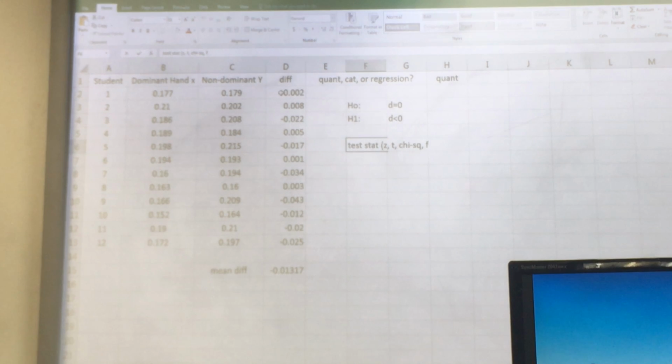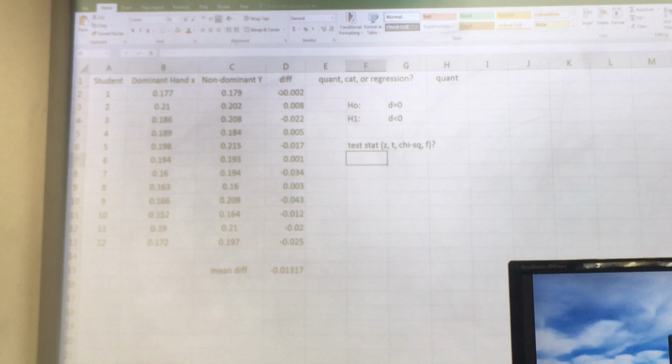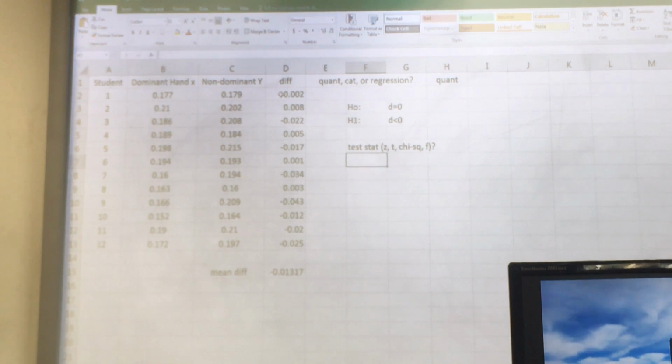So based on what you know, what do you think the answer should be? C. T. Why do you say T? Because we don't know the population standard deviation.